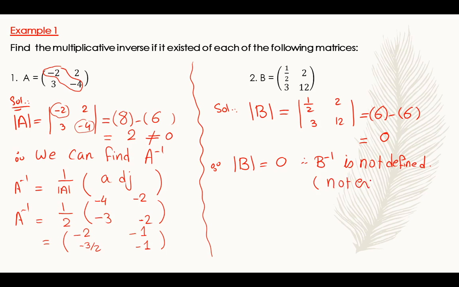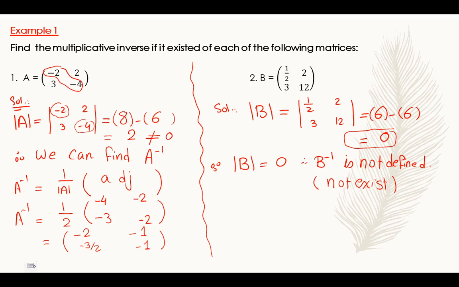We can't find it because the value of its determinant equals 0. So this matrix B is called a singular matrix.